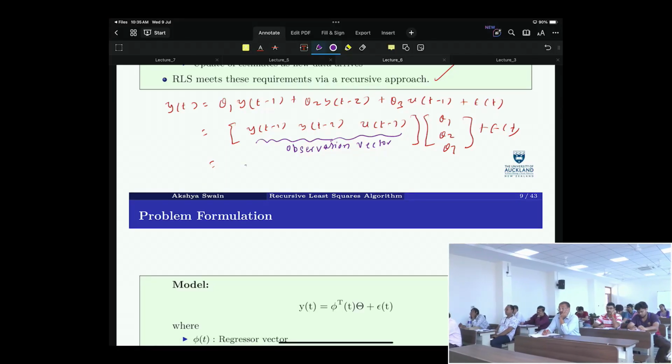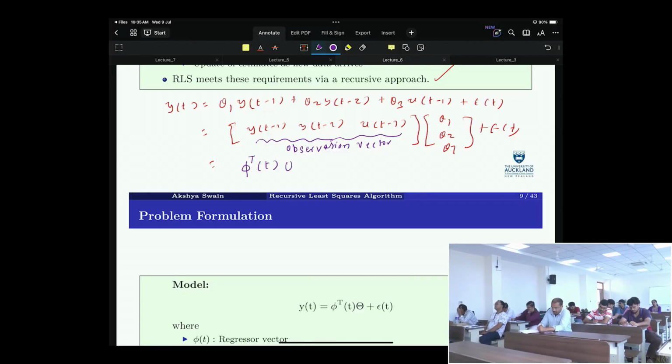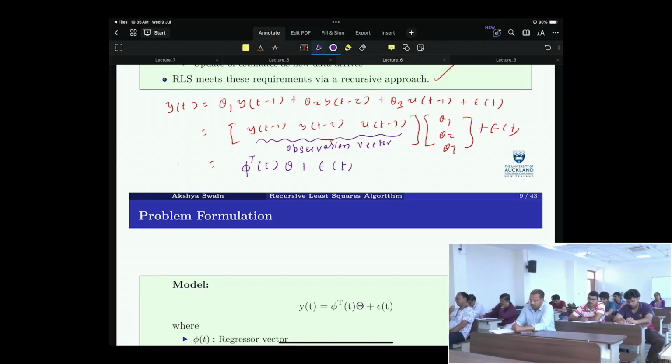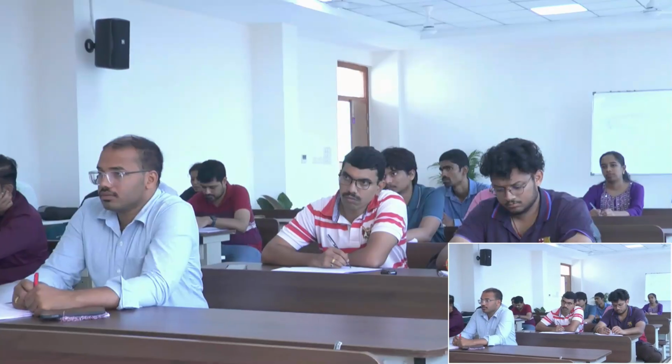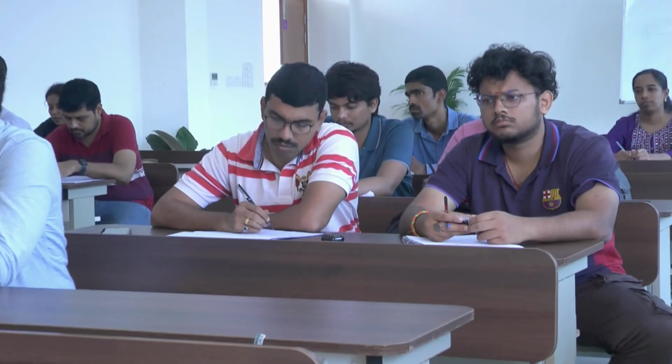So that is phi transpose t into theta plus epsilon t, where phi t is the observation vector. Again repeating, any vector in engineering is a column vector.